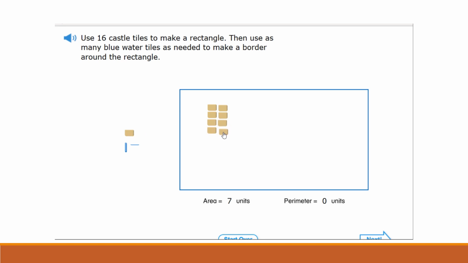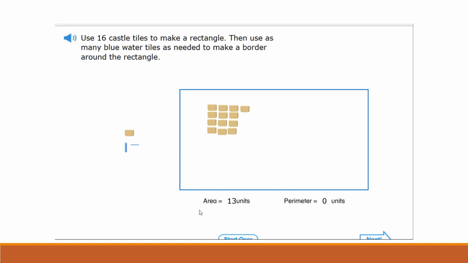So far that's 8 units. We need 16. Should I do 4 rows of 4? We can try that. So that's 12.